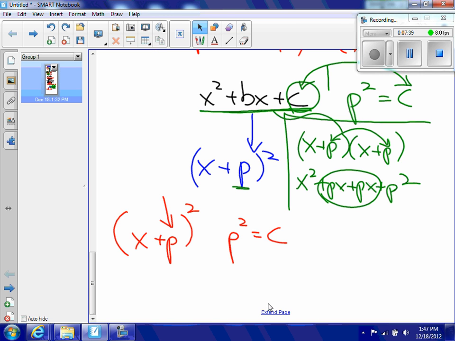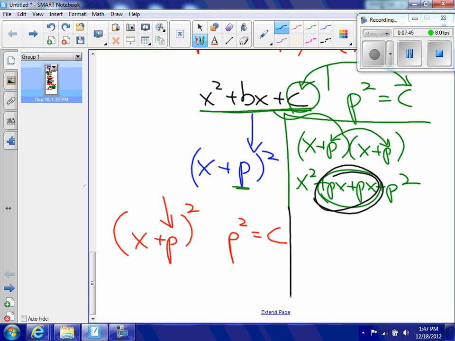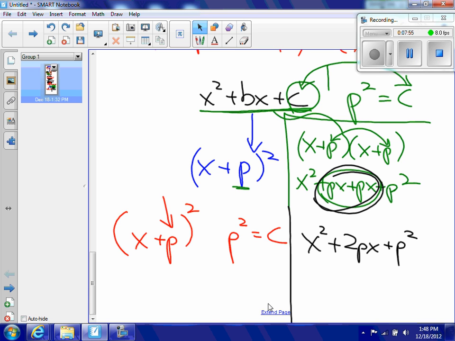Now the other thing that I'm going to have to make sure is true comes from looking at here when I FOIL this out. This FOILs out to be x squared plus 2px plus p squared. So again, let's take a look at this 2p, 2px.